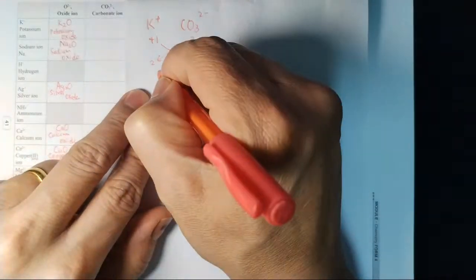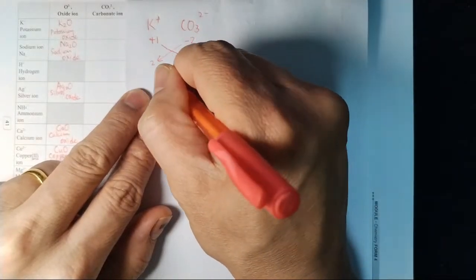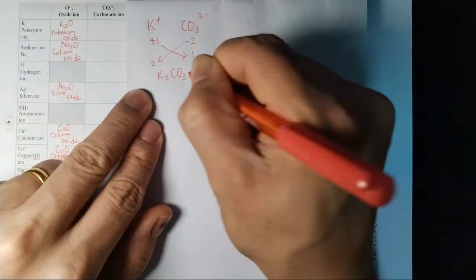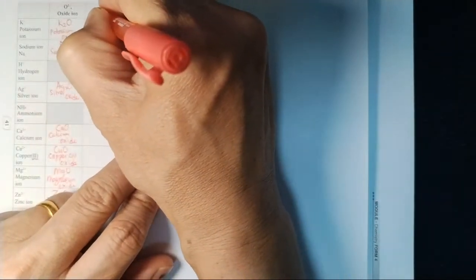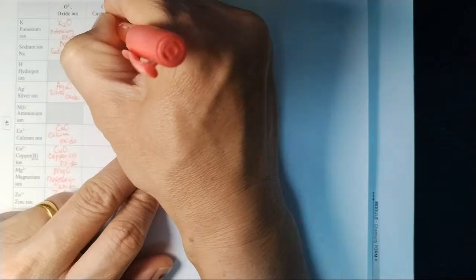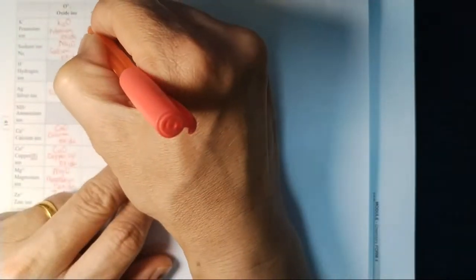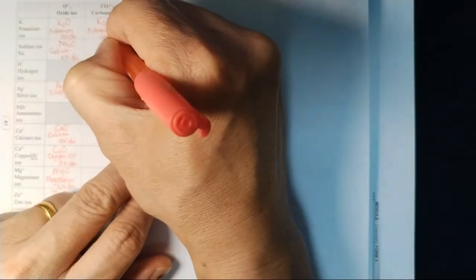So here becomes K2, then CO3, 1. If 1, no need to put bracket. So the formula is K2CO3. So it's potassium carbonate.